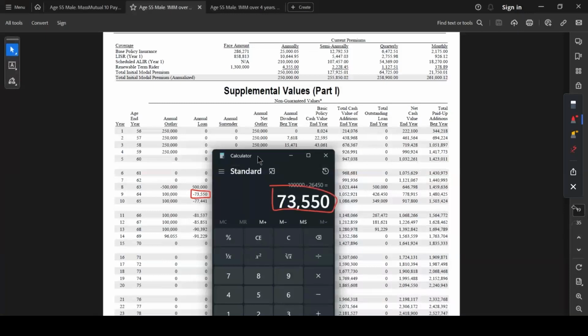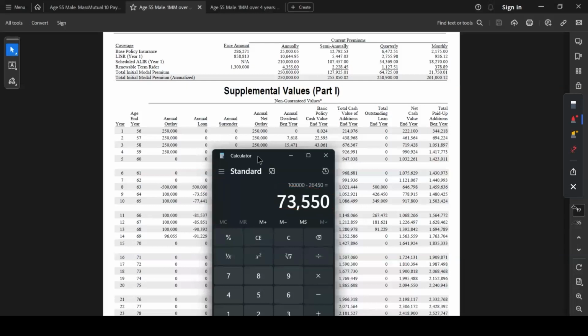73,550. What this represents is from your $100,000, how much was applied to the loan principal. Because of that 100K, the first 26,450 went to loan interest. Everything above that is applied to the loan principal.